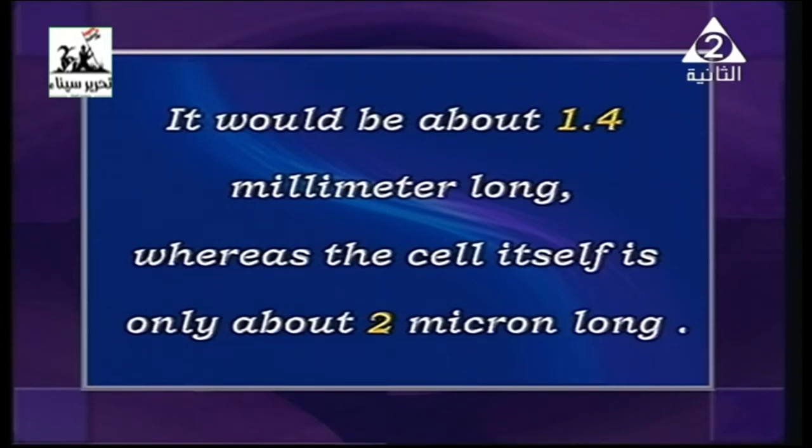Believe that we are talking about just one living organism, which is unicellular, with DNA about 1.4 millimeter, where the cell itself is measured by 2 micron long or less than that.